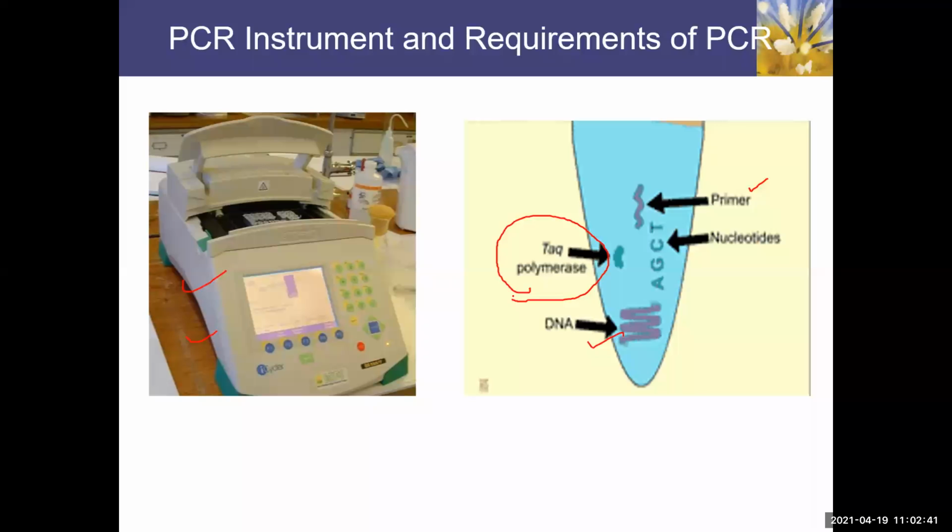If we increase the temperature in the PCR, it's going to stay stable. That is very important, because the bacteria from which we isolate this DNA polymerase lives in hot springs at a very high temperature. And of course we need some buffer and all. So those are the requirements.